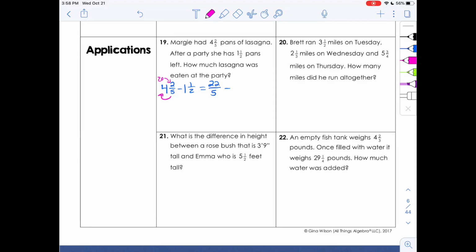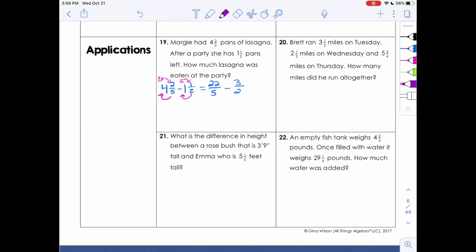Minus our second fraction, to write that as an improper fraction, 2 times 1 is 2. 2 plus 1 is 3. And remember, our denominators stay the same. So we're going to be subtracting 22/5 minus 3/2.